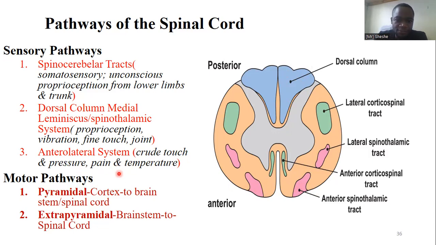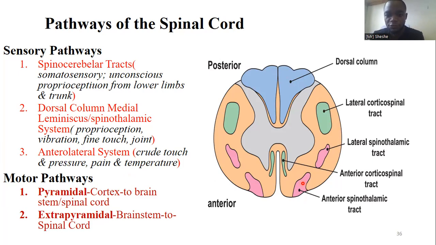In addition to that, this part, even though it is anterior, but it's a bit lateral, this extension and that extension, it is carrying pain and temperature. So temperature and pain from various areas of the body, the skin, will be transported here to the brain. Okay, now you and I know that temperature beyond certain degrees becomes pain. So it's easy to interpret temperature as pain because the tract or the nerves that transmit these two types of sensation are close to each other.